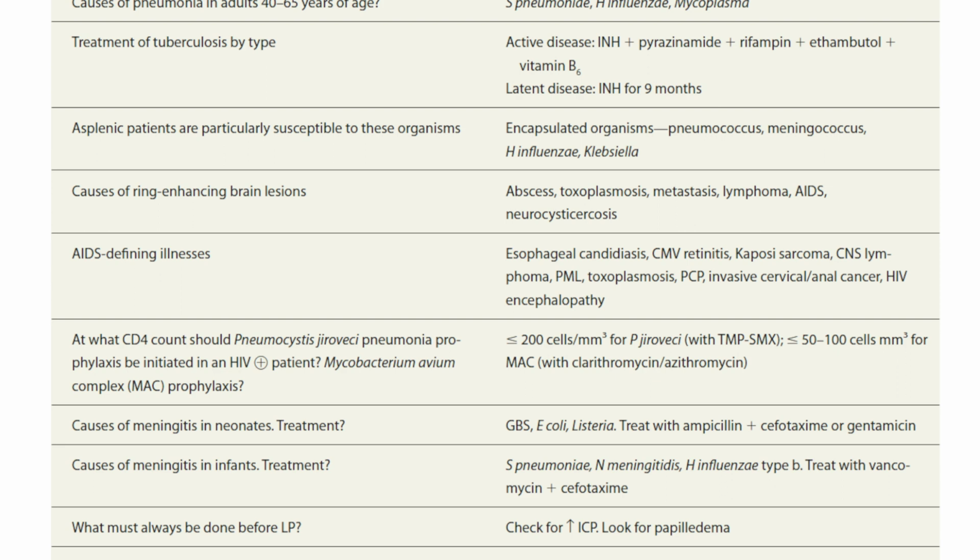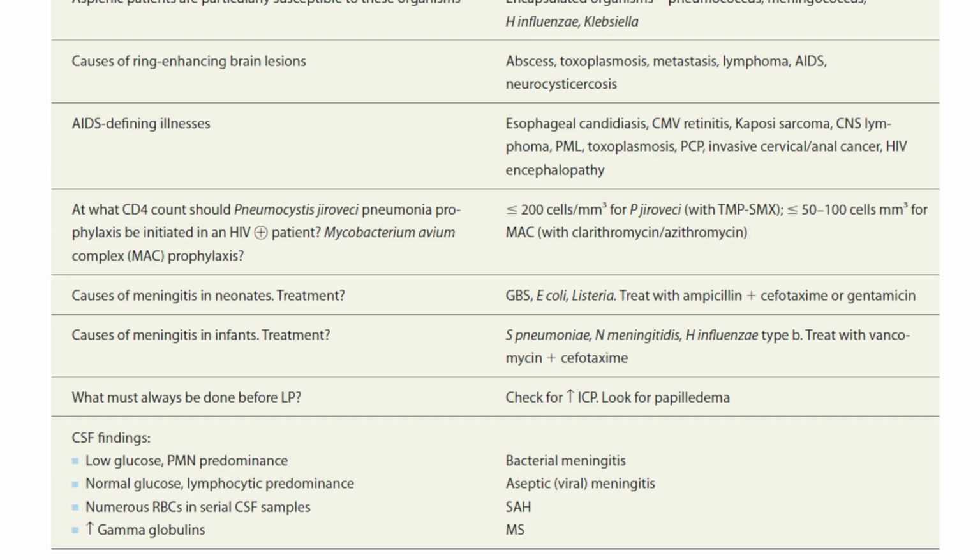I'm going to repeat it again: esophageal candidiasis, cytomegalovirus retinitis, Kaposi sarcoma, central nervous system lymphoma, PML, toxoplasmosis, PCP, invasive cervical and anal cancer, and HIV encephalopathy. In this case, PCP means Pneumocystis pneumonia.